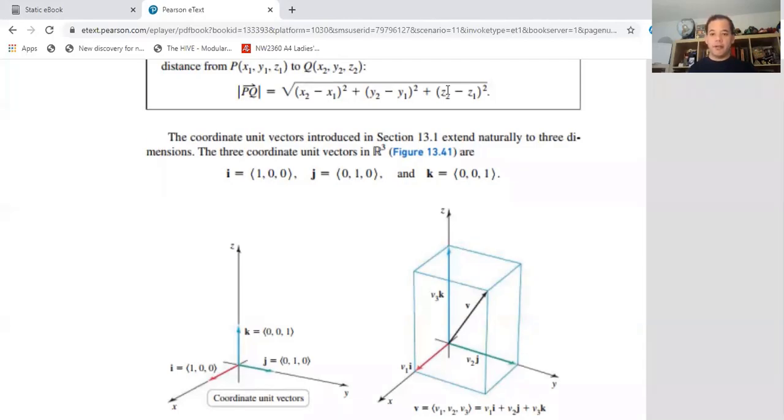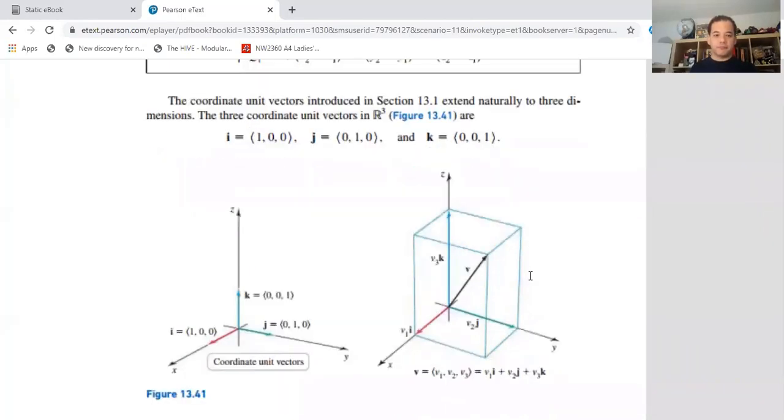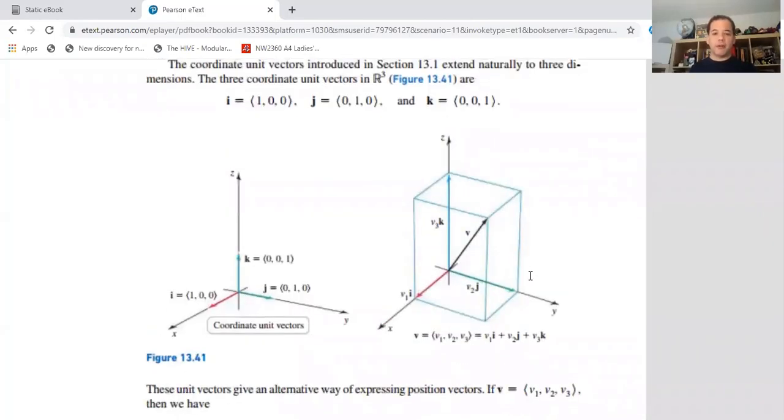Okay? What else? Any vector that you want, you can write as a combination of i, j, and k. You can see them visualized right here in the picture on the left. You see the vector i is the red one.